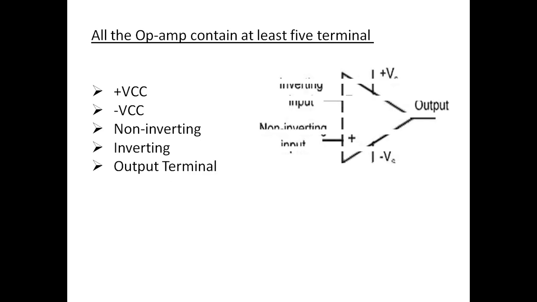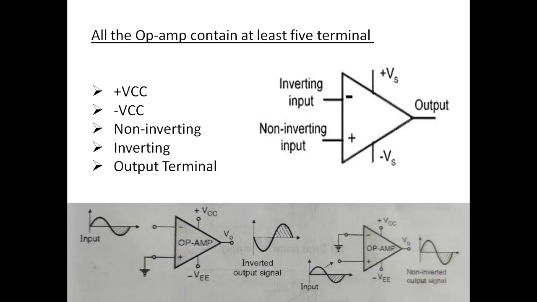Now all operational amplifiers contain at least 5 terminals. Which are they? Plus VCC, minus VCC, non-inverting, inverting and output terminal. Plus VCC and minus VCC are nothing but your supply voltage. Inverting input signifies the negative sign, non-inverting input signifies the positive sign.